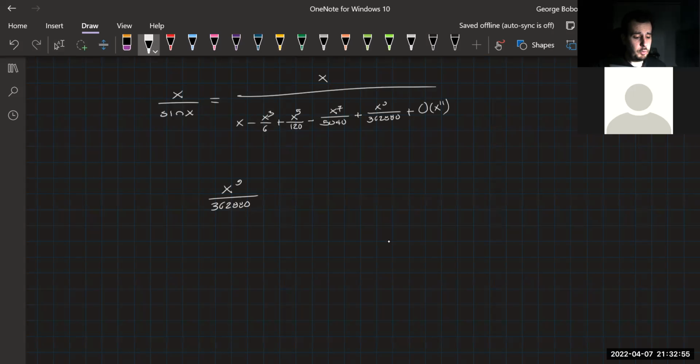So I'll write this in order here. So I'll have 0 for x to the 8, minus x to the 7 over this. I'm just writing the terms in order.